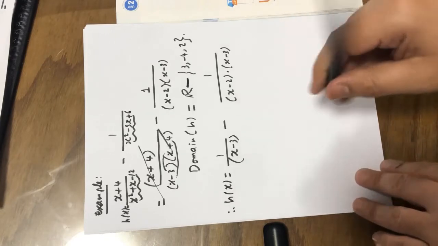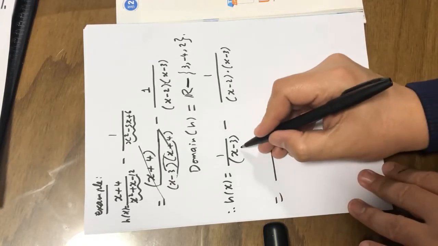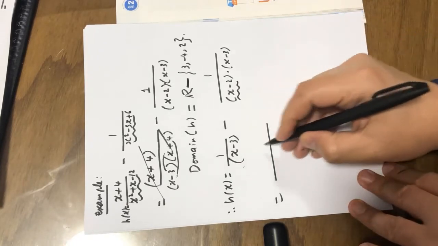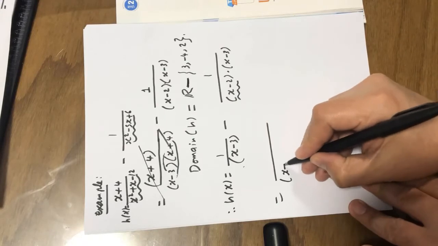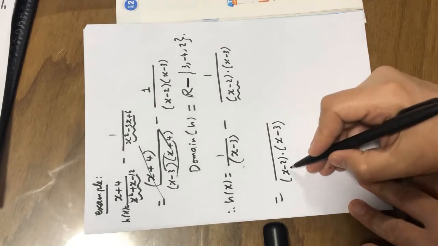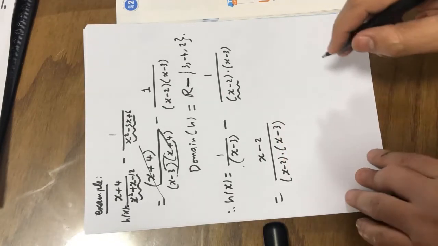We have to have the same denominator, x minus 2. So we can change the first fraction. We multiply the first fraction's denominator, up and down, by x minus 2. This is missing here, so we have to put it: x minus 2 times x minus 3. So we multiply by x minus 2 here, so we should multiply the numerator by x minus 2.